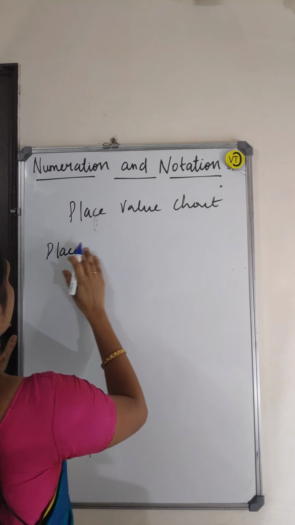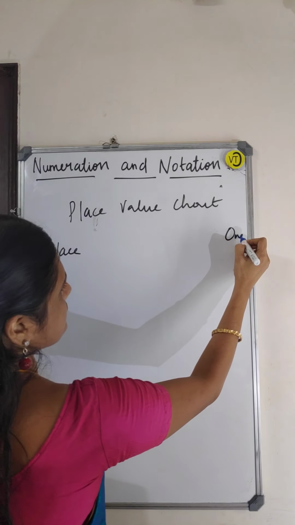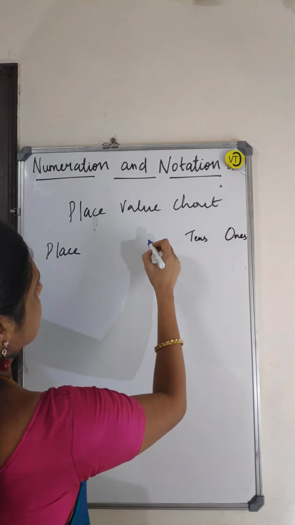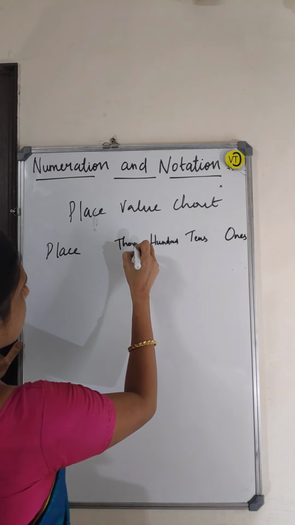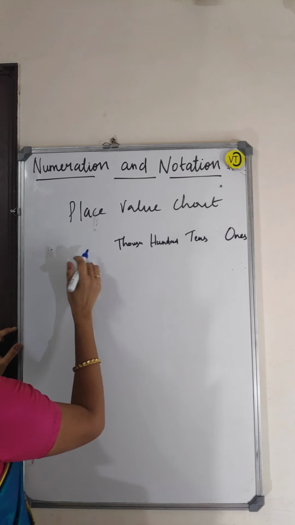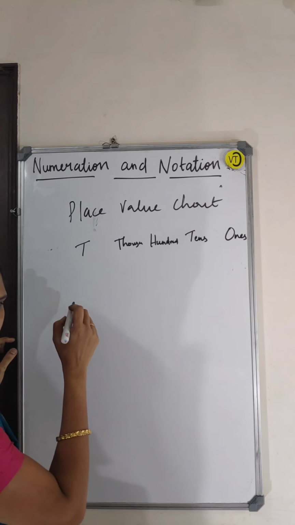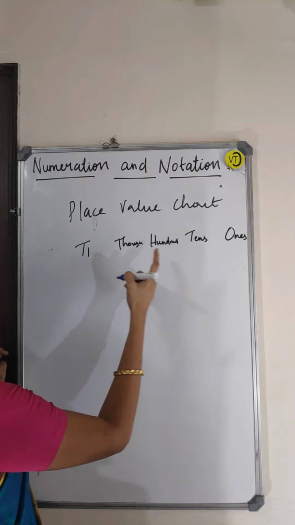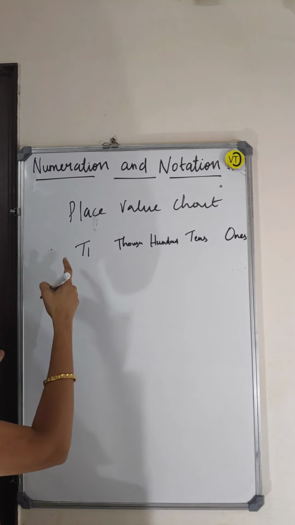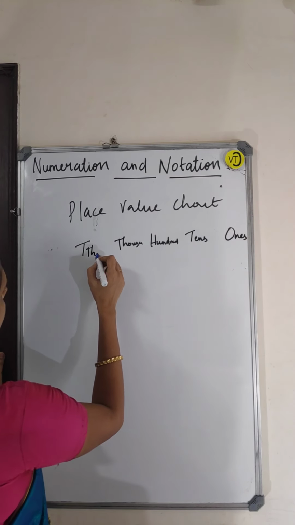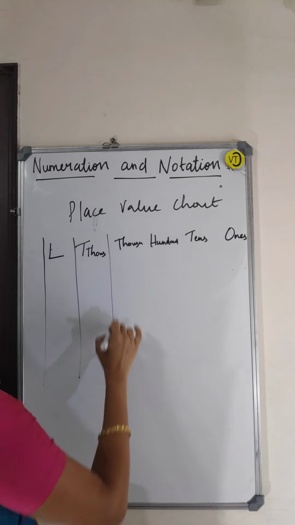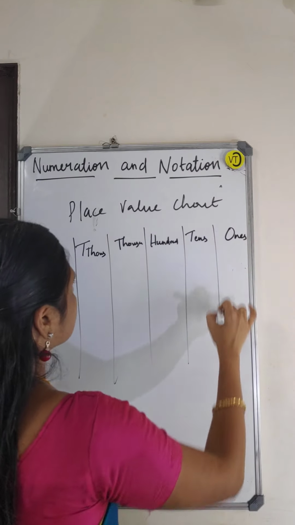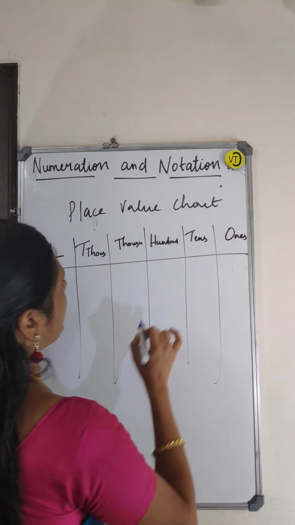First ones, tens, hundreds, thousands, 10,000, and lakhs. So these are all in the place value chart.